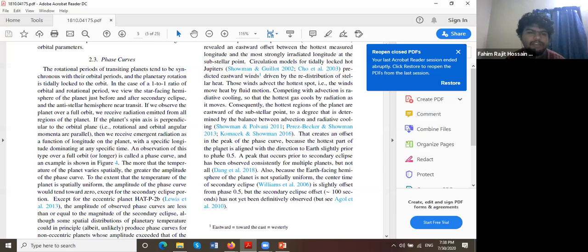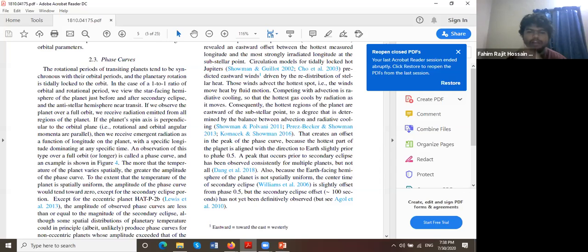So why is phase important? Because by calculating the phase, you can say how much the planet has eclipsed or transited the star in a given period of time. It is important because when you are using time series analysis, it is important to know how many times the planet revolves around the star.